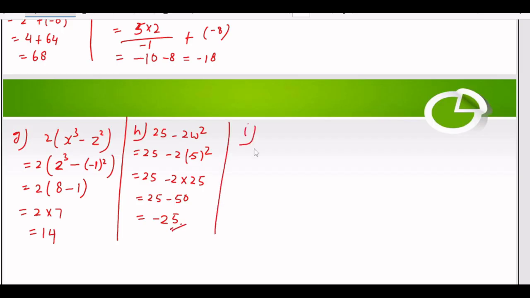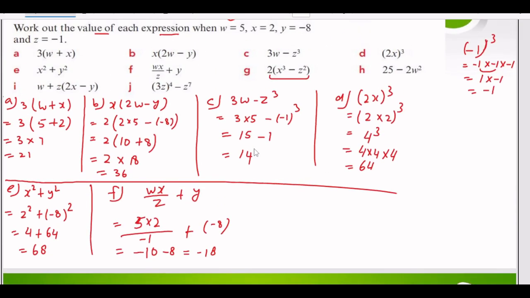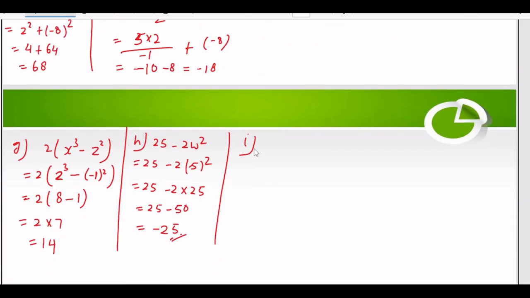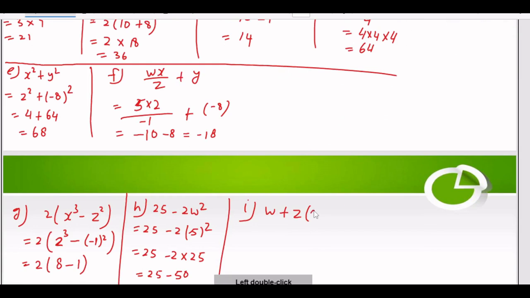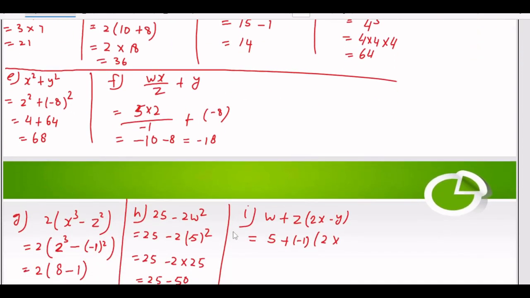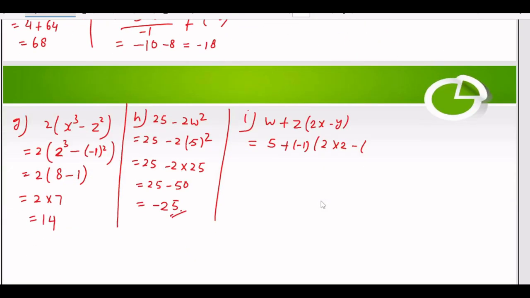Okay, so next one, I part, here we have w plus z into 2x minus y. Now substituting the values, w is 5 and z is negative 1, 2 into x, x is 2 and minus y, y is negative 8.